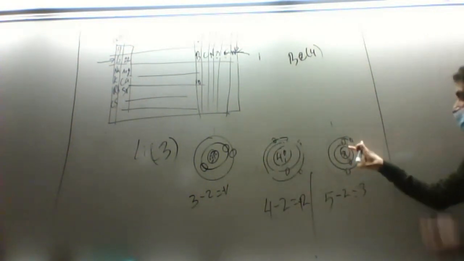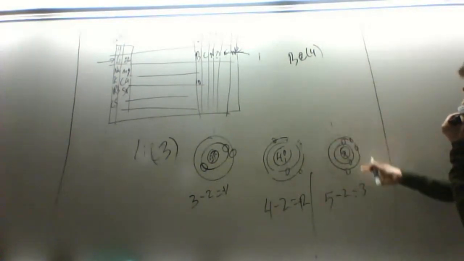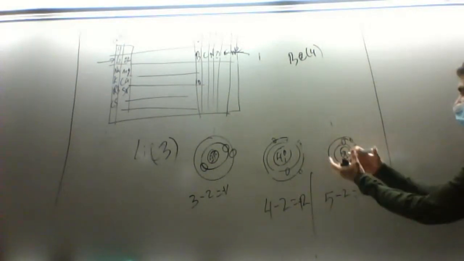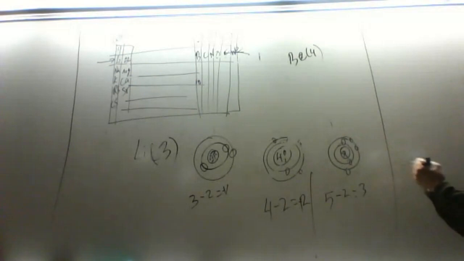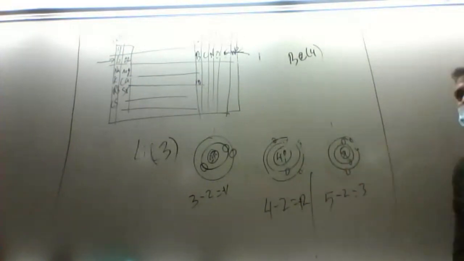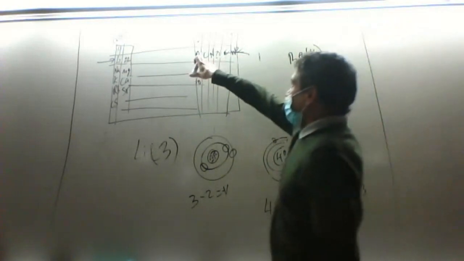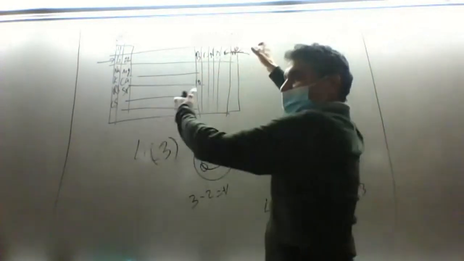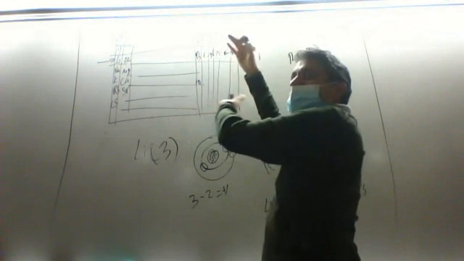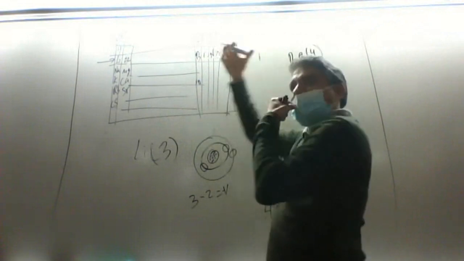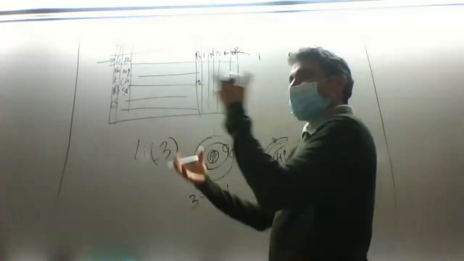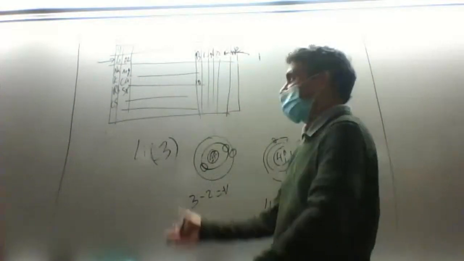Further along, the effective nuclear charge experienced by the outermost electron is 3, so all electrons experience even more pull toward the nucleus. The size decreases, and as you move further, the effective nuclear charge becomes more and more for the outermost electron, and the size becomes smaller and smaller.